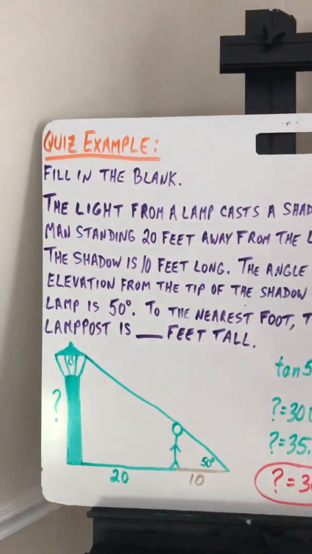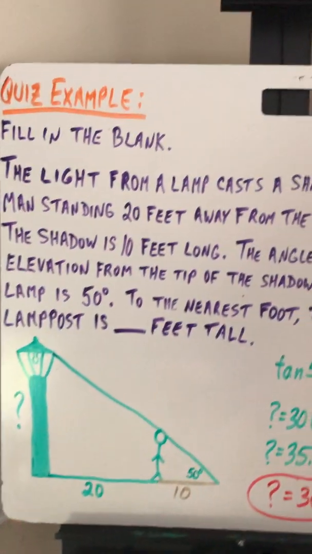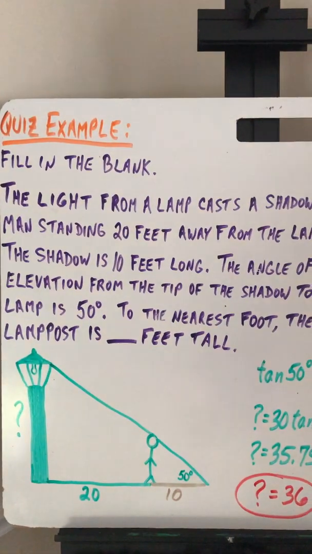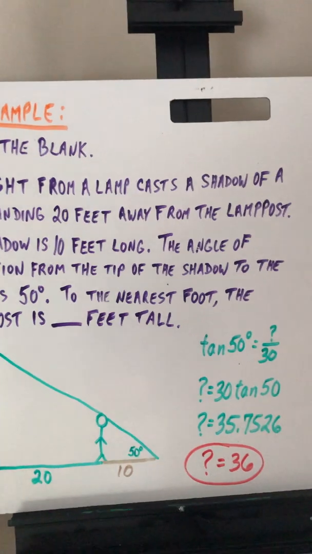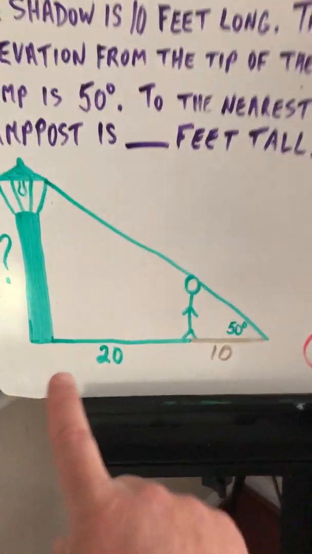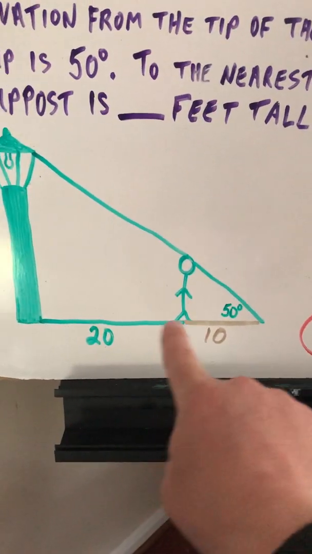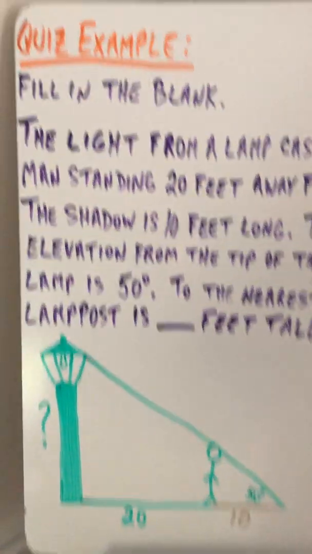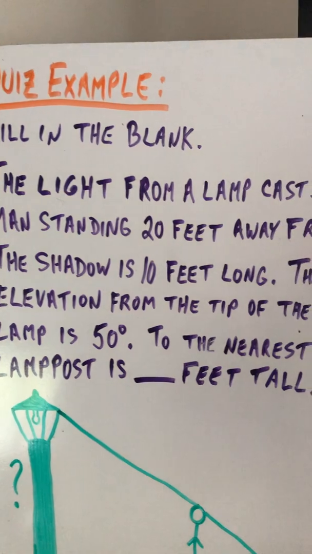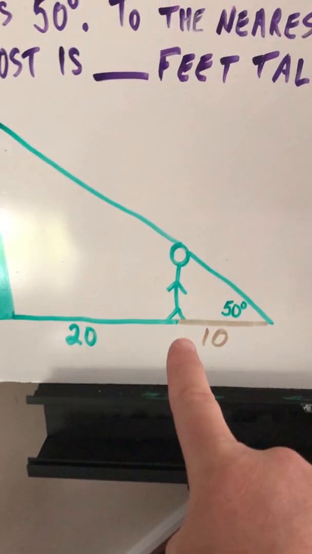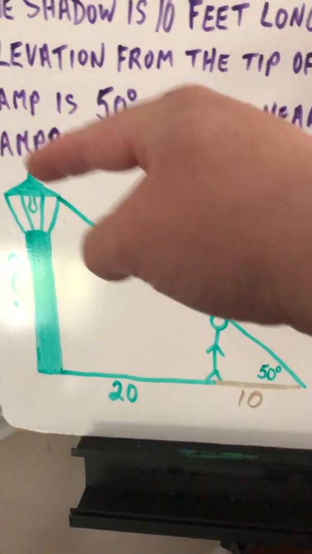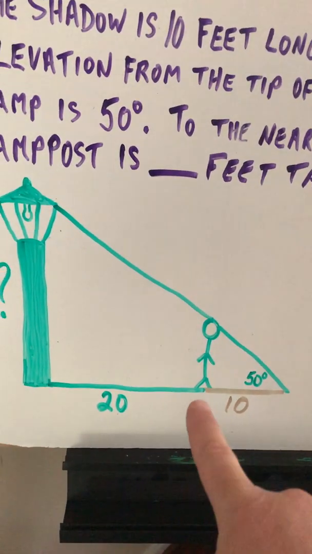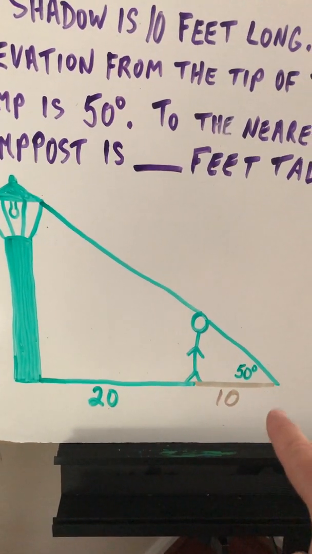Again, do one step at a time. The light from a lamp casts a shadow of a man standing 20 feet away from the lamppost. Here's a man standing 20 feet away from a lamppost. The shadow is 10 feet long. So here's his shadow. Here's the lamppost shining a light on the man, and here is his shadow 10 feet long.